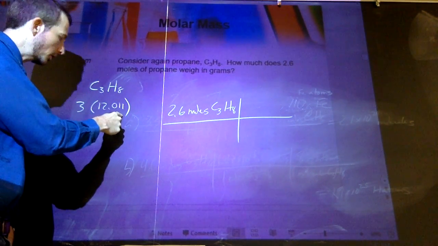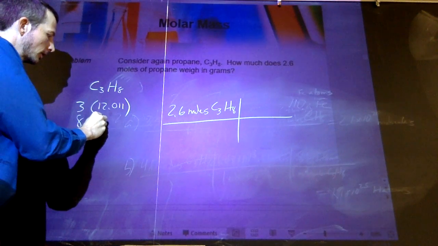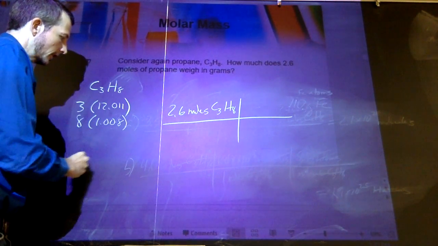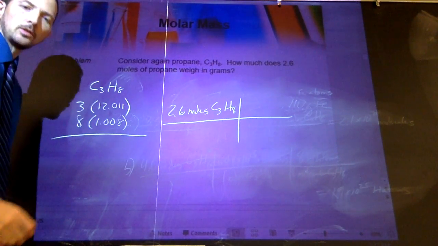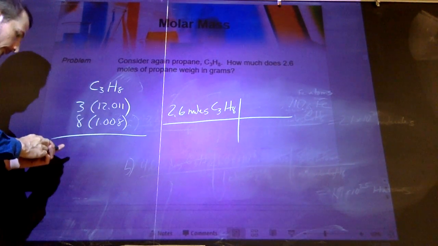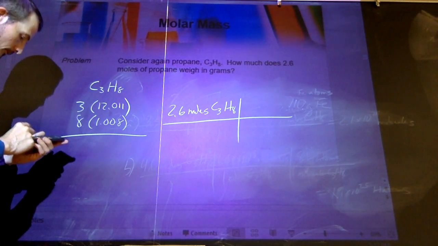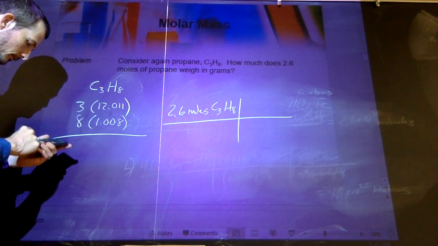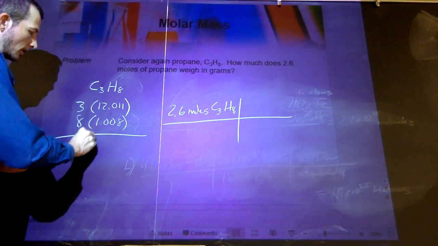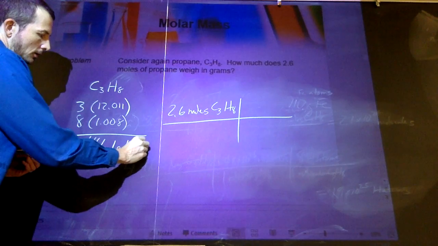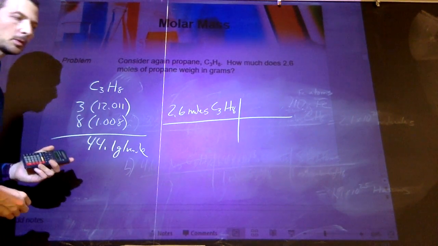See, it's 12.011. Look up hydrogen, 1.008, I'm just going to round it off to 1.01. So I'm going to add those together. It's around 44.1 grams per mole.